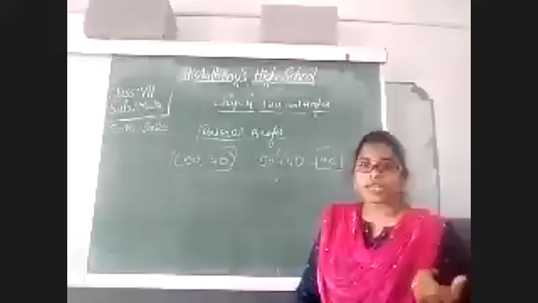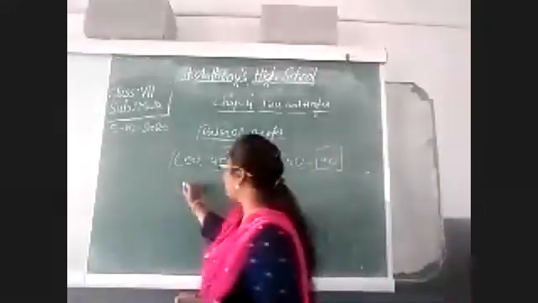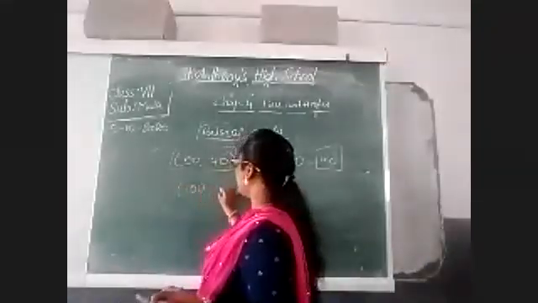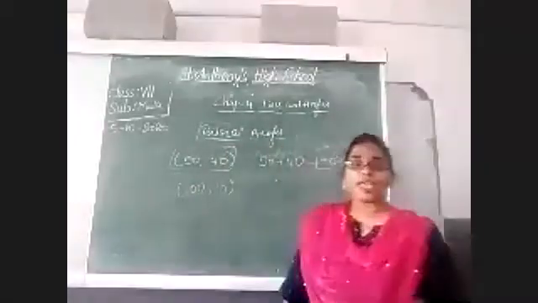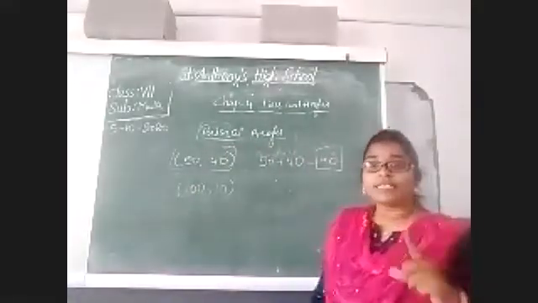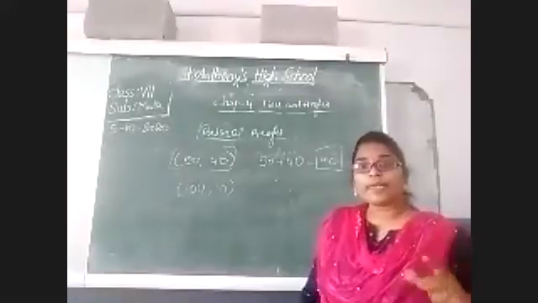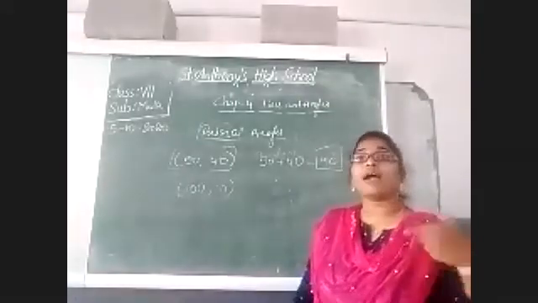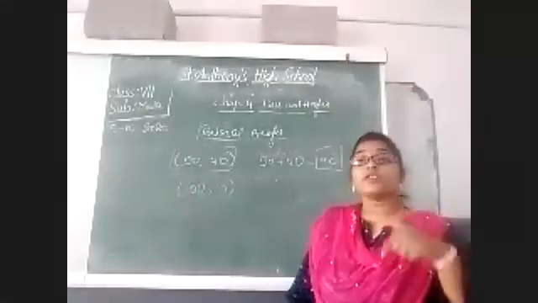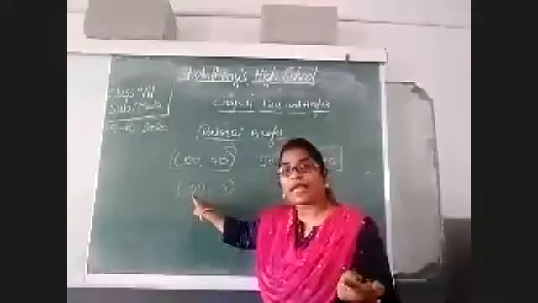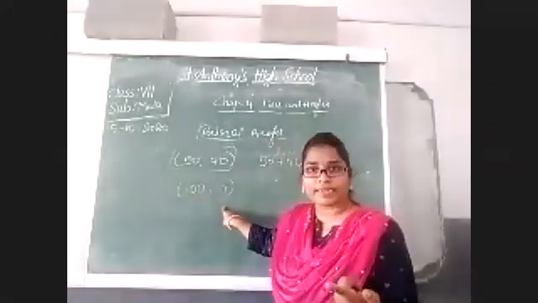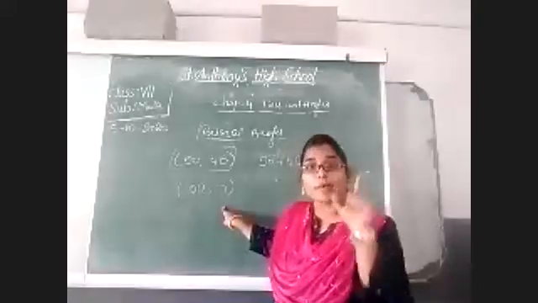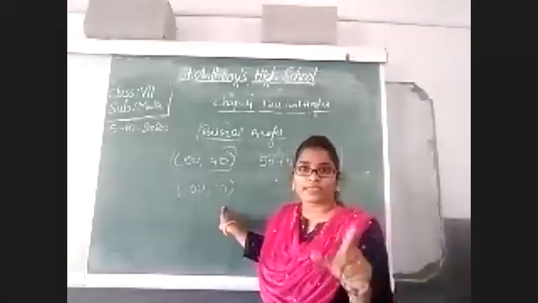Are you able to understand? So let me take one more example. 100 and 10. Whether these angles are complementary or not, what do we have to do? We have to add those, not subtract. So you may get a doubt. If we subtract 100 minus 10, we will get 90 degrees. But here we are supposed to add those angles. Clear now?